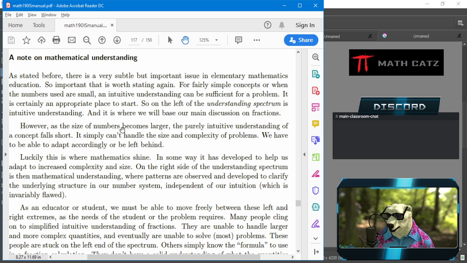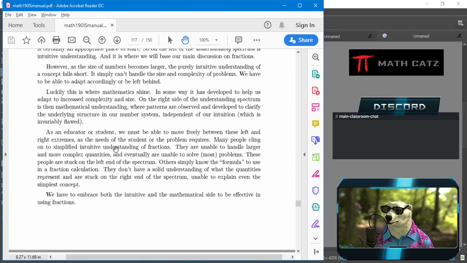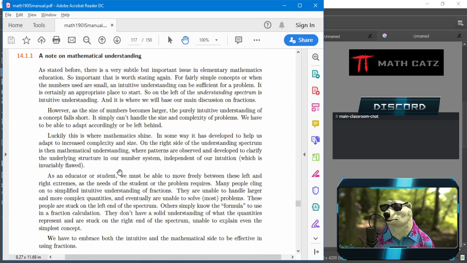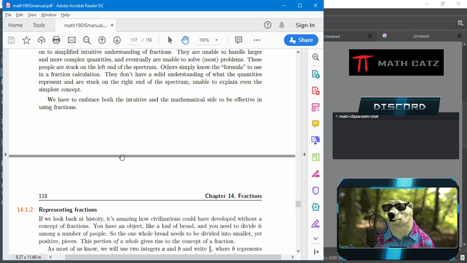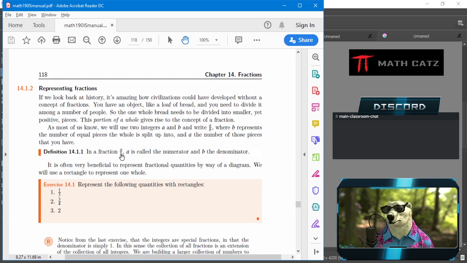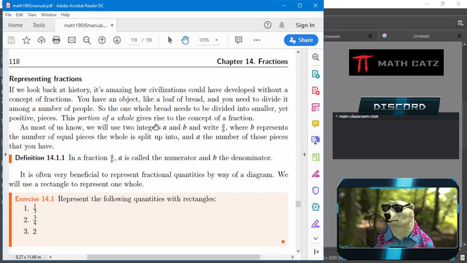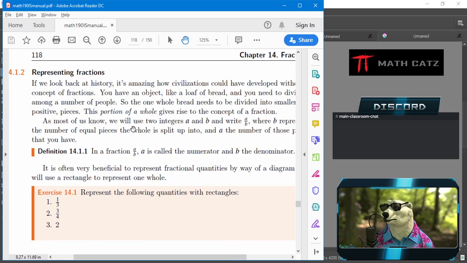So I say here in the textbook, we are looking at the left intuitive understanding side of fractions. How do we represent a fraction? Do we understand that number sense portion of a whole? Very important.